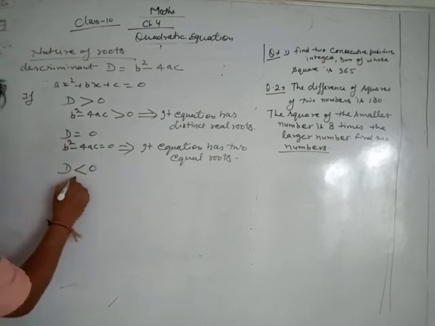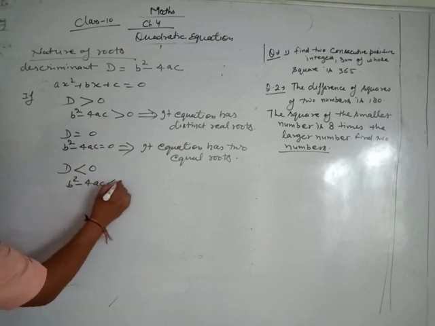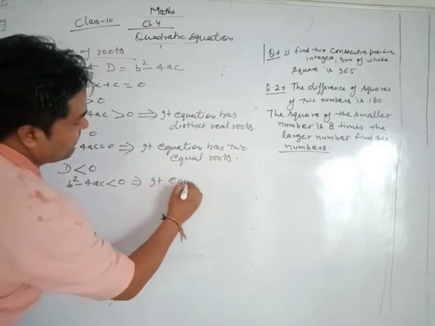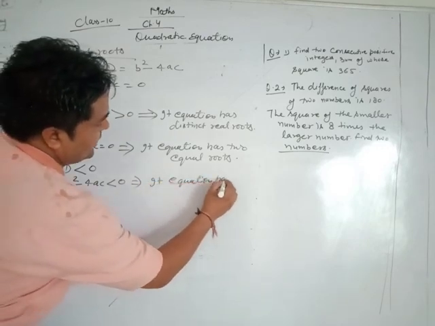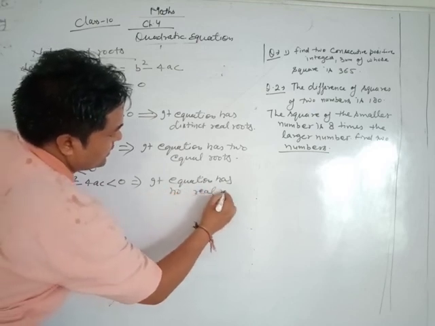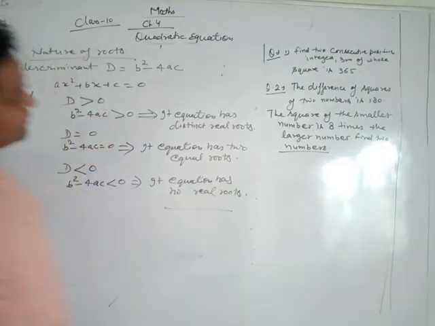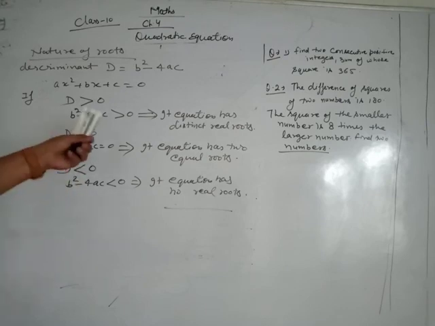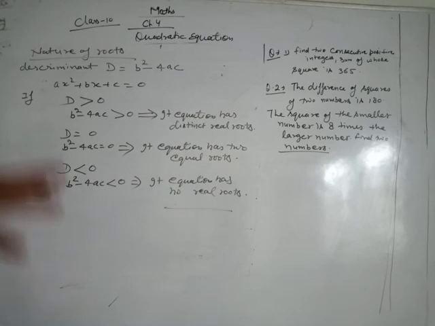It means b square minus 4ac less than 0, then we can say the equation has no real roots. Clear? So this is the nature of roots, and directly we will find out whether it has distinct real roots, equal roots or no real roots. We will find that directly, and after that solve the question.